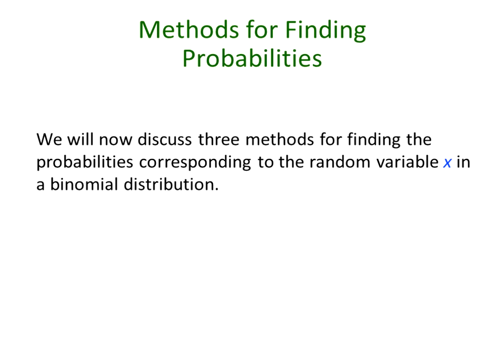Okay, so this is where I hurried up last time, trying to tell you all the different methods there were for doing binomial probabilities. There are 3 methods for finding the probabilities corresponding to the random variable x in a binomial distribution. I am going to show you all 3 methods, but one of them is the most efficient.